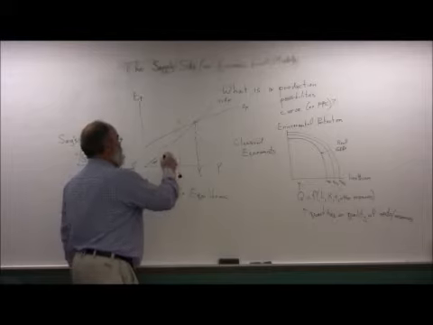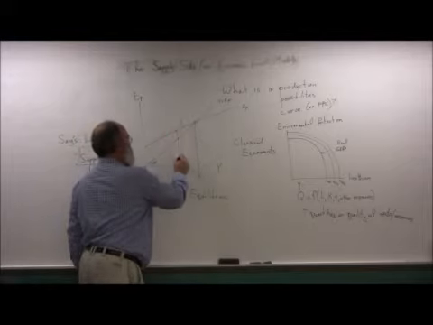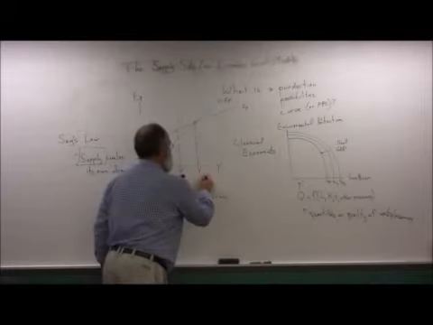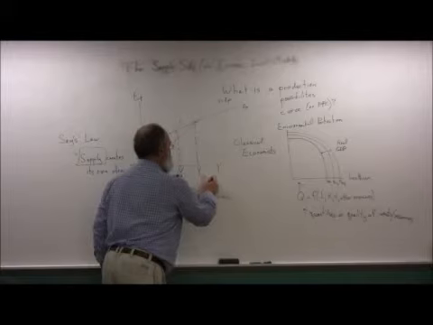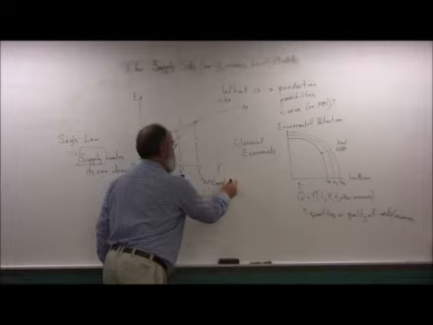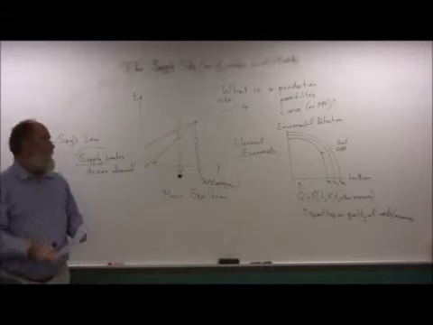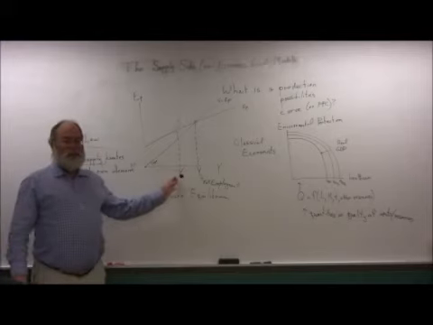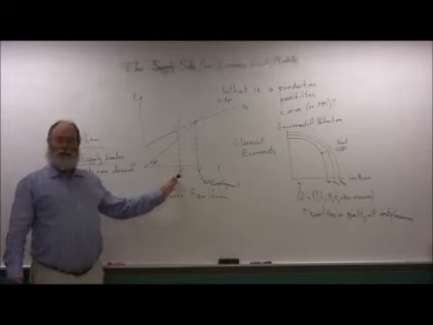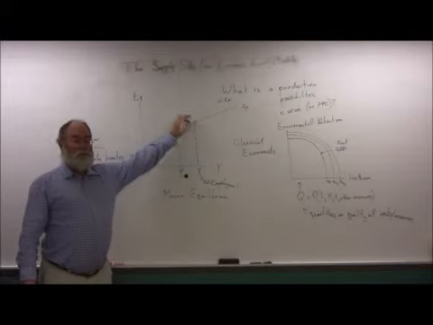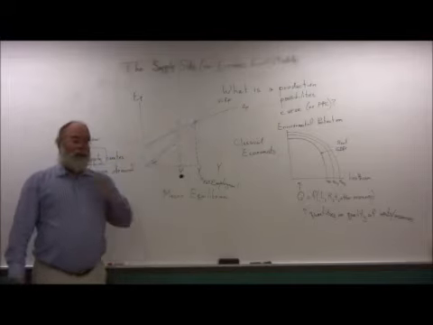In other words, if GDP is too low, okay, let's say that our Y1 does correspond to full employment, okay? So if GDP is too low, if we're in a recession, that's only temporary because market forces, we know, are going to push us back to full employment. Okay? That was their argument.